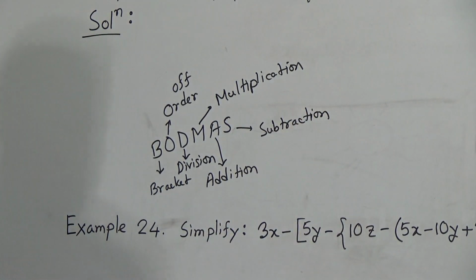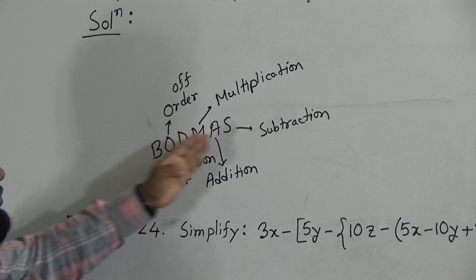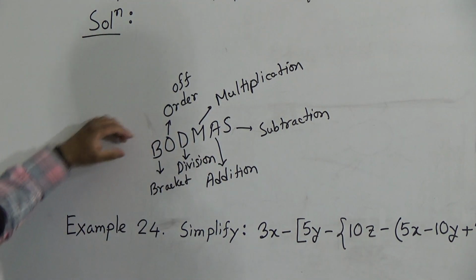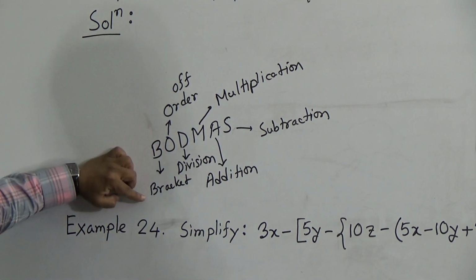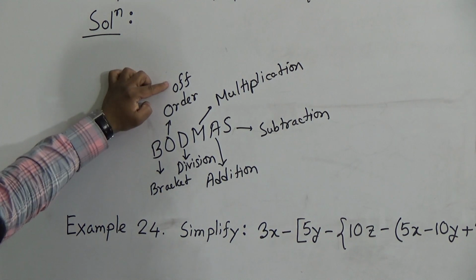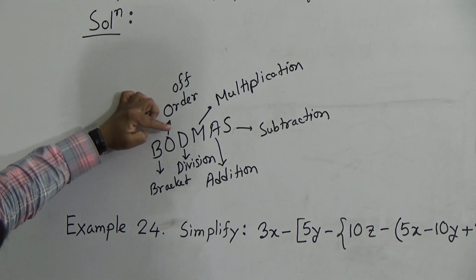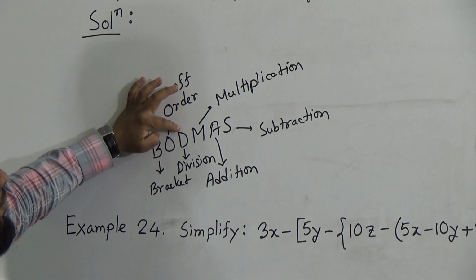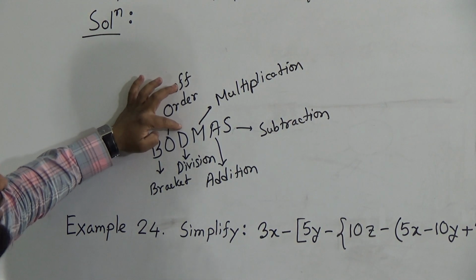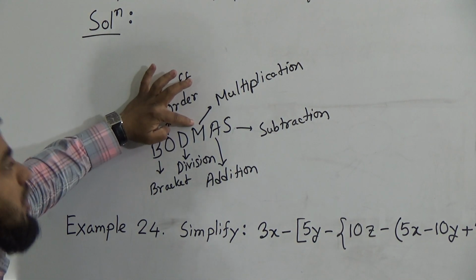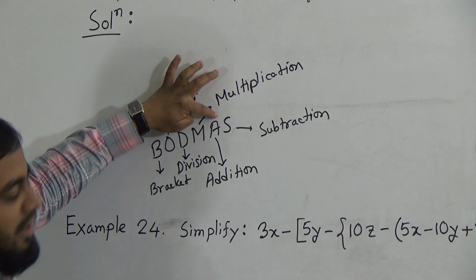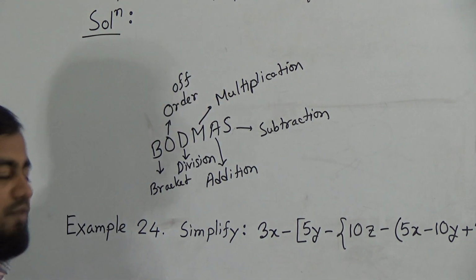That means in this order we need to solve any simplification in the BODMAS way. B means the bracket, O means order or off, it is the work of multiplication. Then D, after that order we need to do the work of division. After division we need to do the multiplication work. Then we need to do the addition work. After that we will solve subtraction.